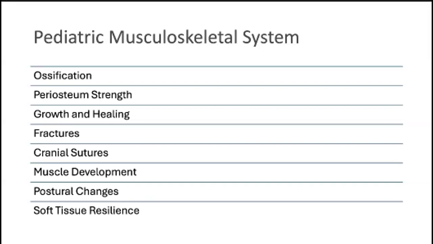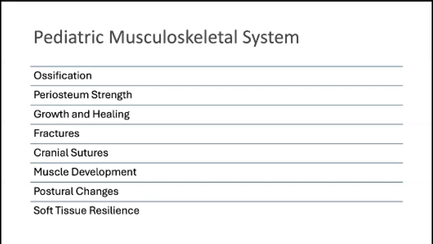Cranial sutures. Sutures of the cranium fuse between 12 to 18 months. Increased intracranial pressure can separate these sutures, leading to head enlargement. Muscle development. Muscle tissue is nearly fully developed at birth, with growth occurring in size rather than in number of muscle fibers. Postural changes.